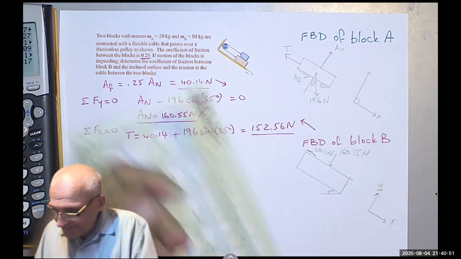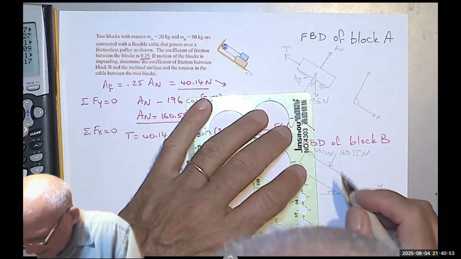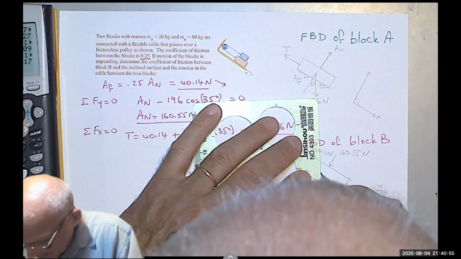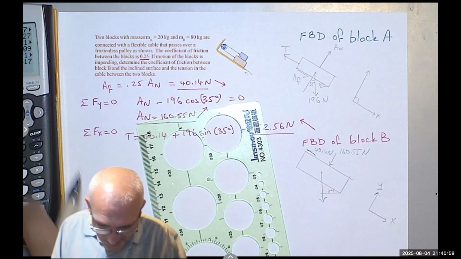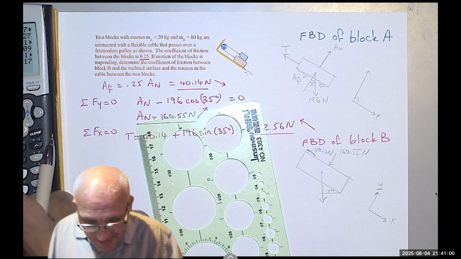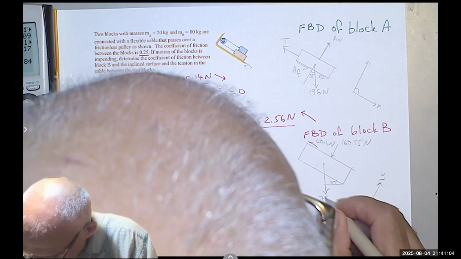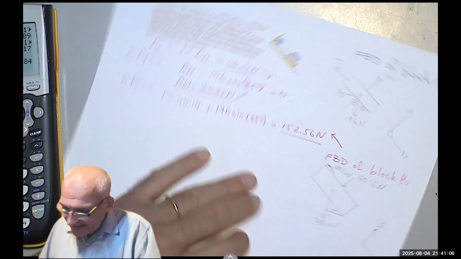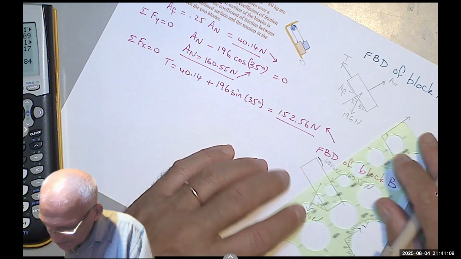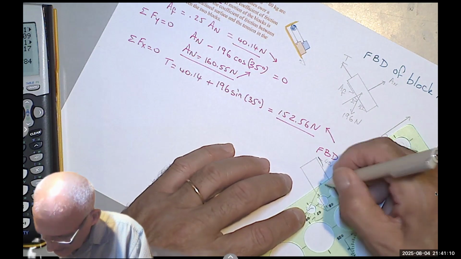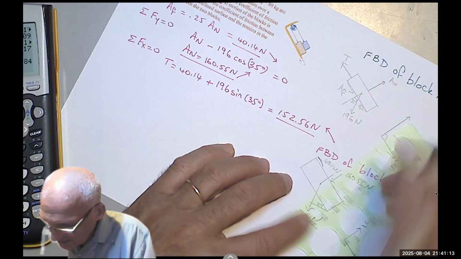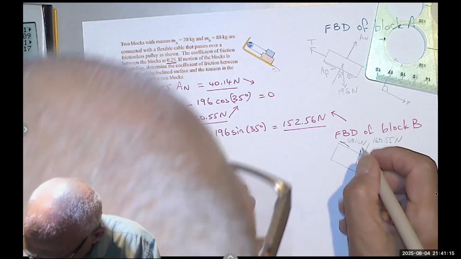Then I have the weight of the bottom block, 80 times 9.8, 784 Newton. Then I have a normal force going up, which I don't know its magnitude. So I'm going to call it B sub n.